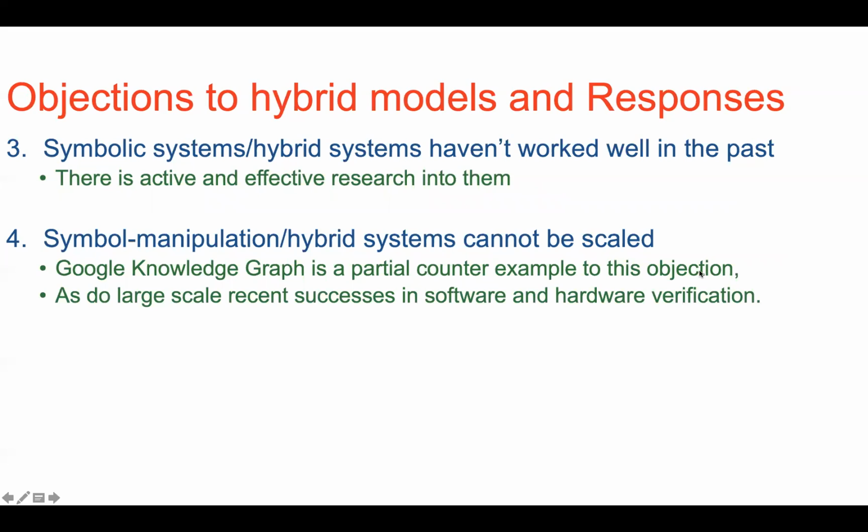They're using it whenever you do a Google search. In the output, you can actually see the knowledge graph for whatever topic you're searching on. They give it to you, some illustration and all that on the right side of the page. As do large-scale recent successes in software and hardware verification. And so there are examples that they can be scaled.